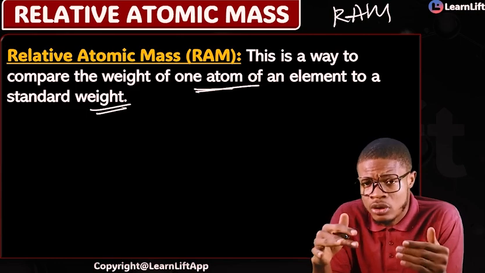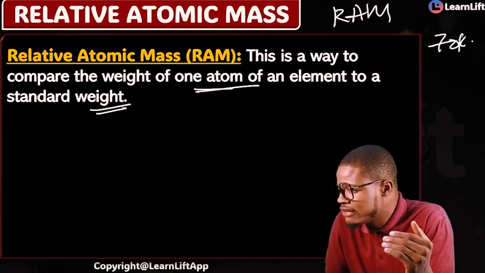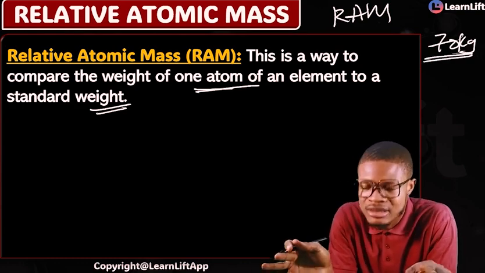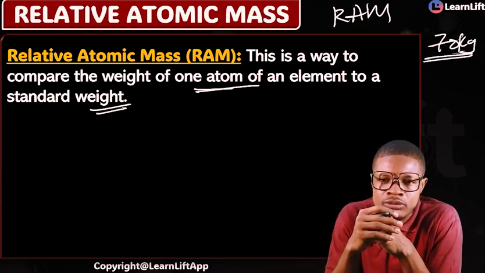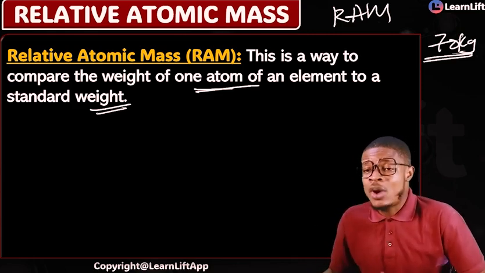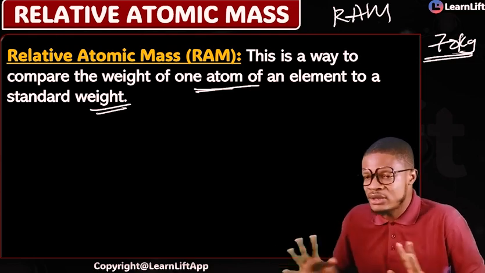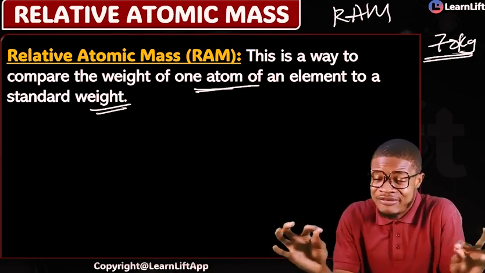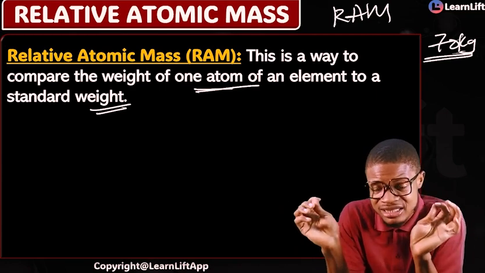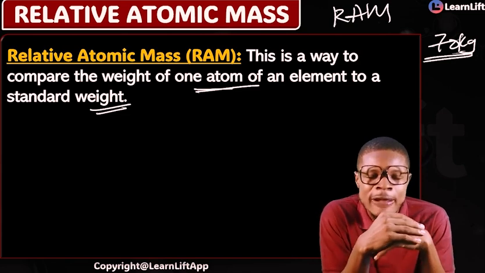A normal adult should weigh at least 70 kg. 70 kg is the recommended physiological weight for an adult. That shows that you are healthy. I'm talking about adults, 18 and upwards.